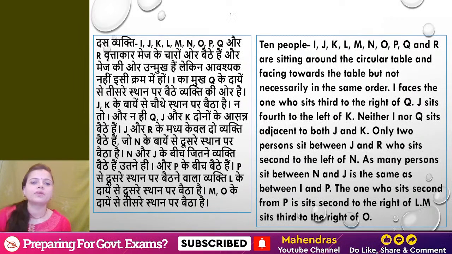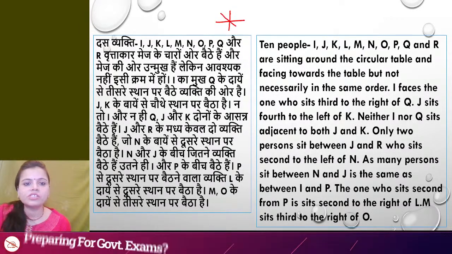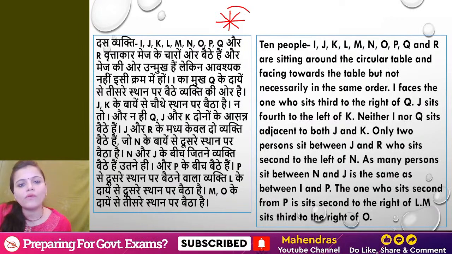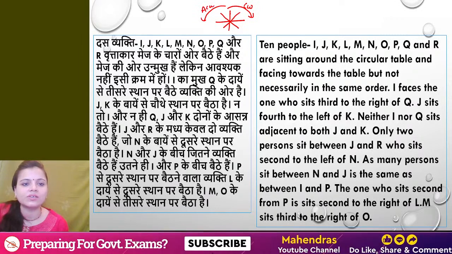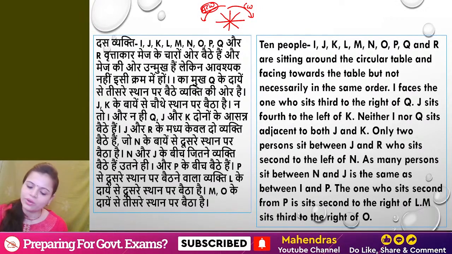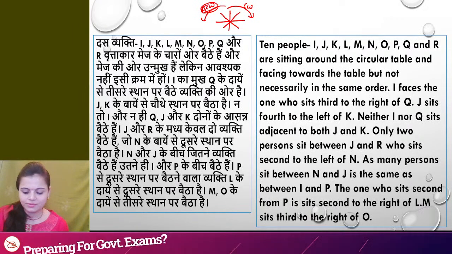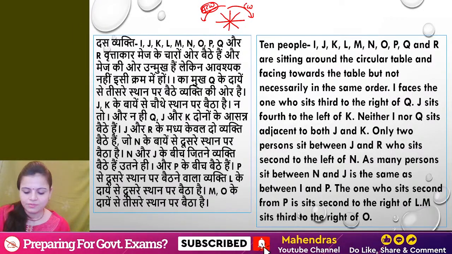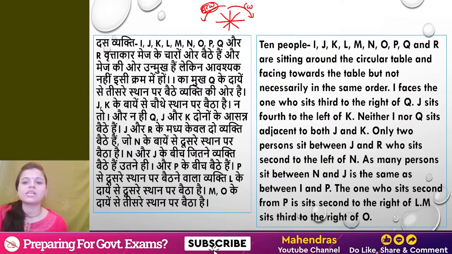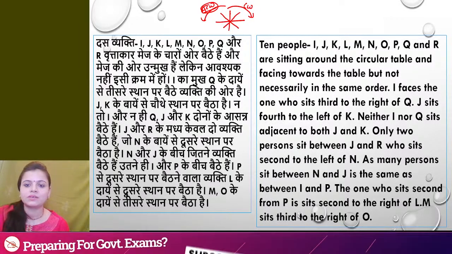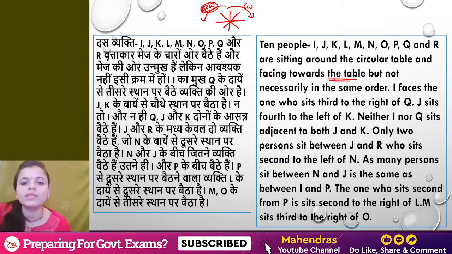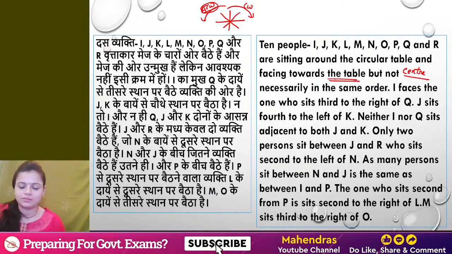Clockwise and anti-clockwise: the direction in which the hands of a clock move is your clockwise direction, and the opposite to the clockwise is the anti-clockwise direction. Now see in this question again, 10 persons are given, and they are facing towards the table, which means they are facing towards the center, inside facing.